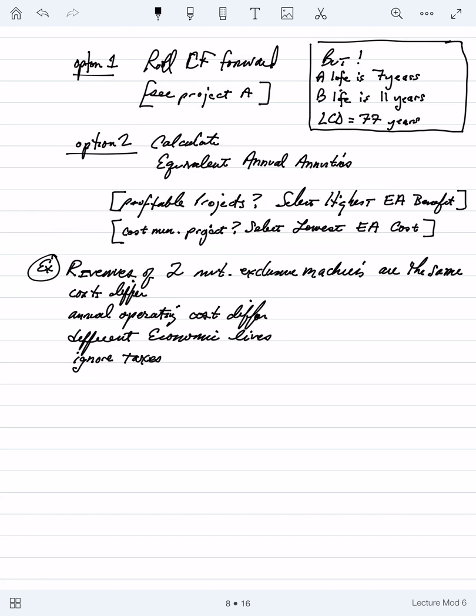So in this case, we're thinking about a cost minimization question, and we want to minimize the net present value of the cash outflows. That's our goal.